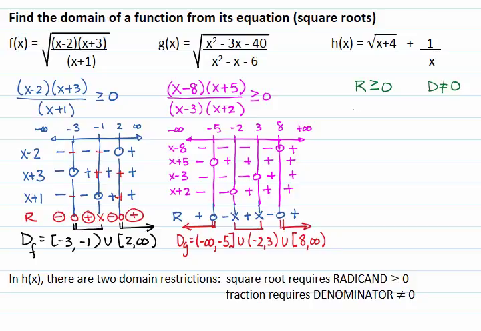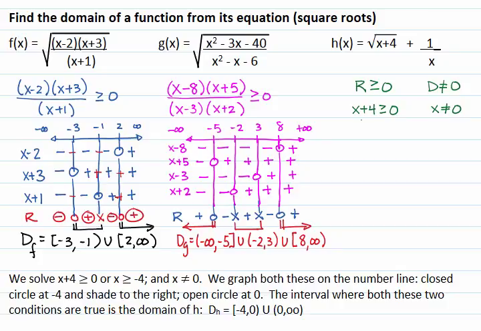So the radicand is x plus 4 greater than or equal to 0, and the denominator is x not equal to 0. Now we solve the inequality x greater than or equal to -4, and x different from 0 is already ready for us. And we are now going to graph those solutions.